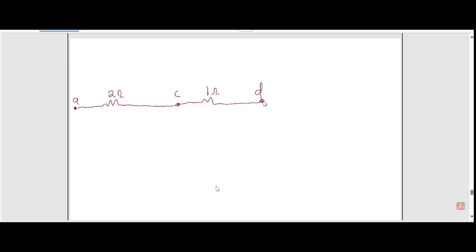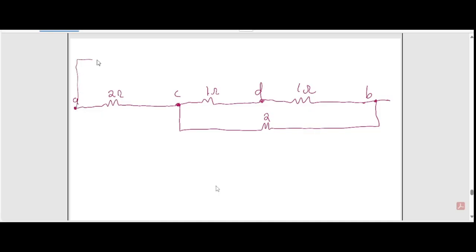Same thing for D and B, which gives you a 1 ohm resistor. Then we can keep reducing. Between C and B you had the next combination, then this is a 2 ohm, and then you have this big one going on top.